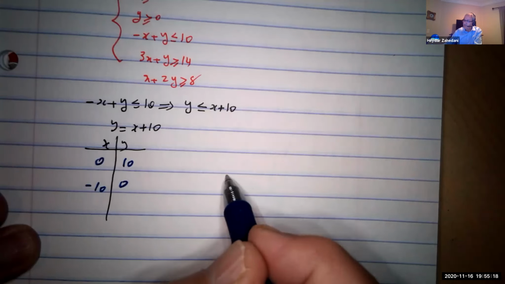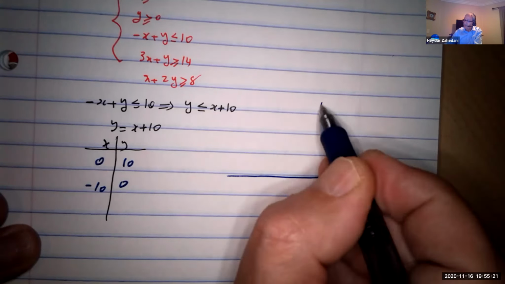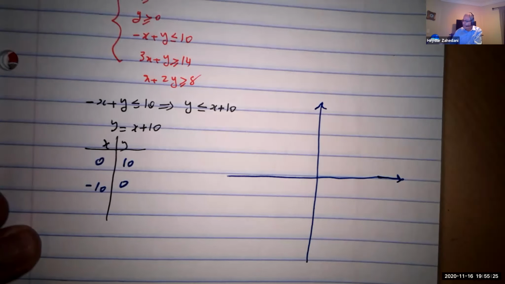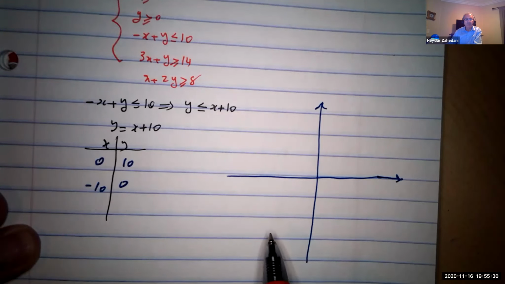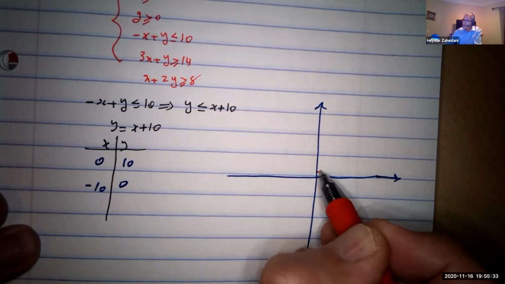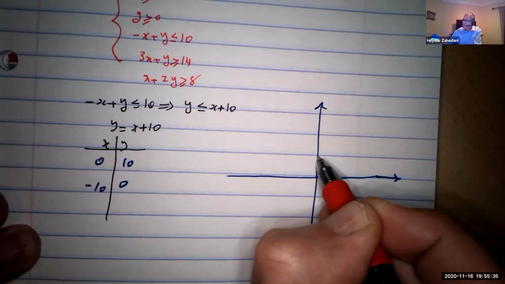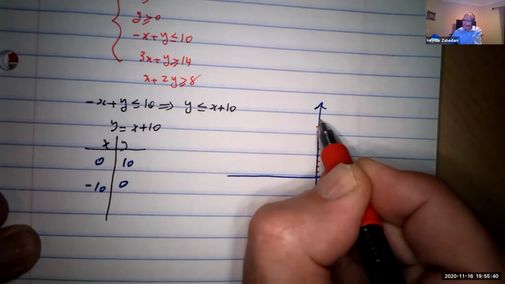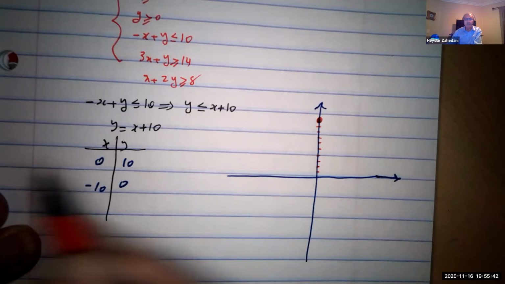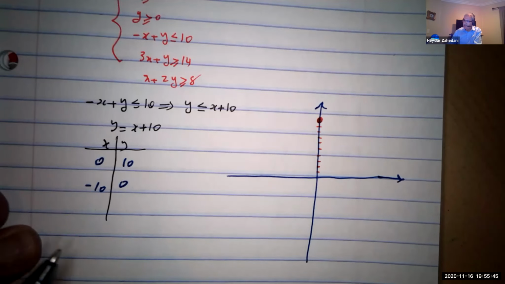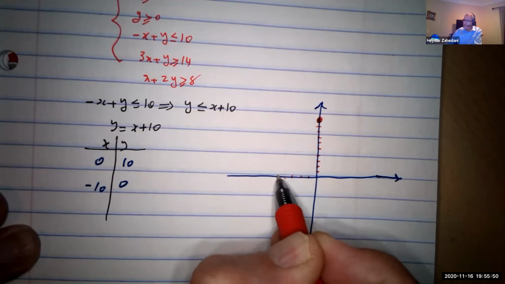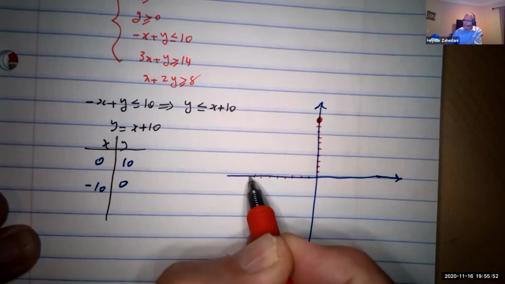Let's graph this one and keep it. The intercepts are 0 and 10. Suppose this is 10, it's going to be 1, 2, 3, 4, 5, 6, 7, 8, 9, and 10. That's going to be one point. And over here, negative 10, it's going to be 1, 2, 3, 4, 5, 6, 7, 8, 9, and 10.